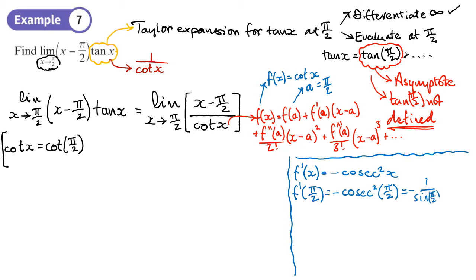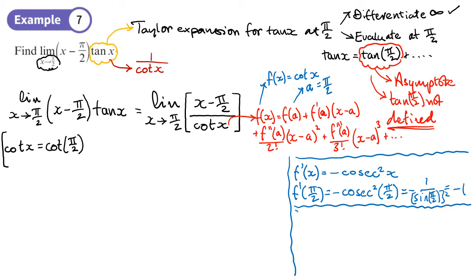Yeah, this actually works out to be negative 1, because sine pi over 2 is just going to be 1. So we've got basically 1 squared at the bottom. So negative 1 over 1 squared is just negative 1.